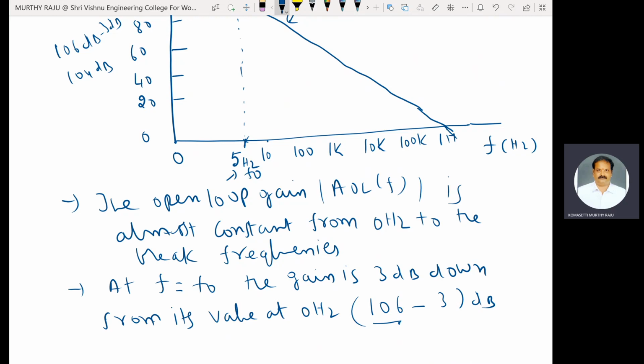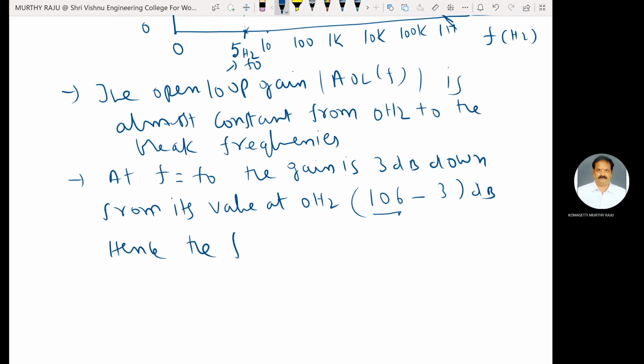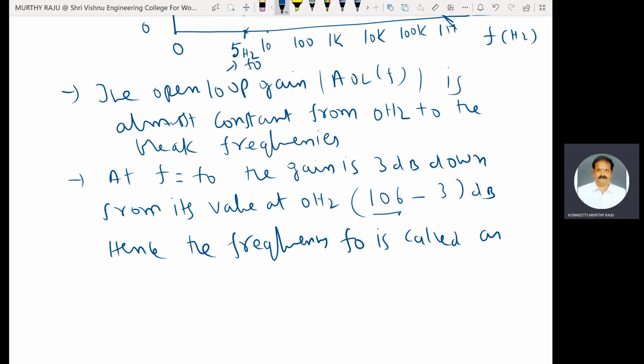Hence the frequency f naught is called the minus 3 dB frequency.